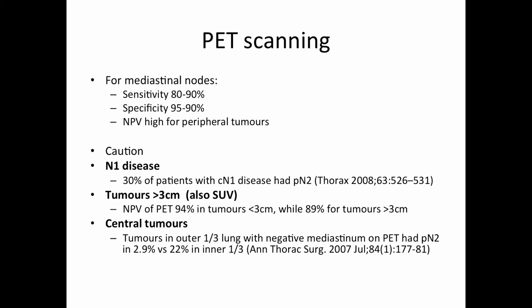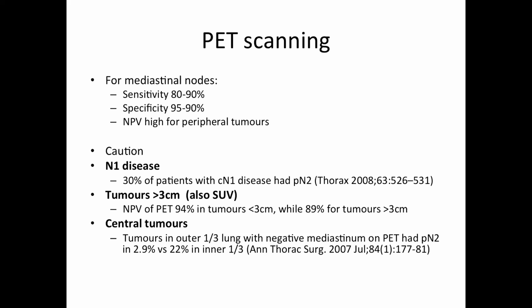So in lung cancers now, we've got the advantage of PET scanning, and it is very sensitive. It is highly specific and has a good negative predictive value for peripheral tumors.